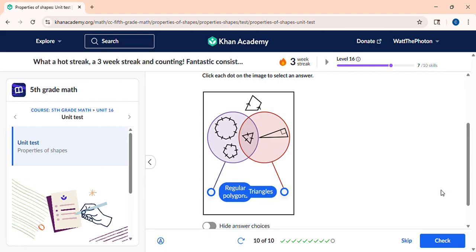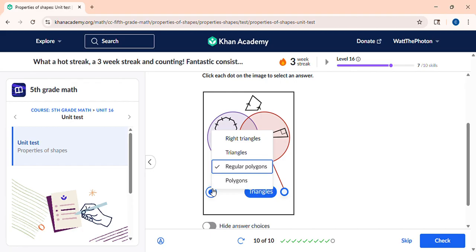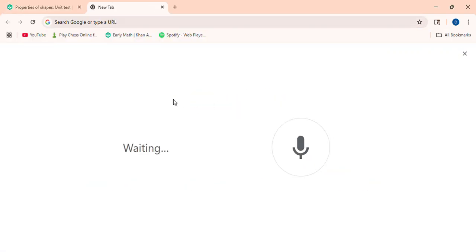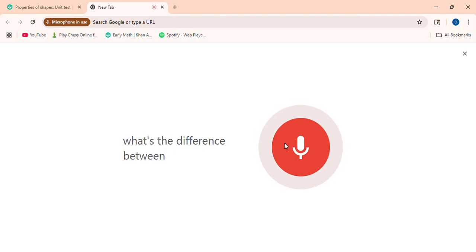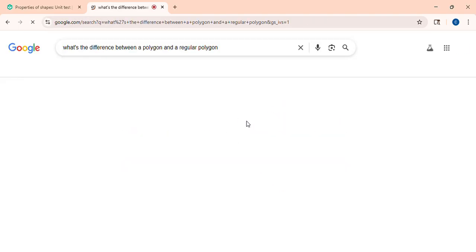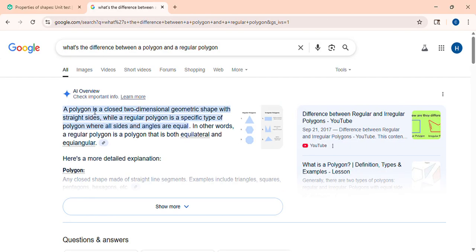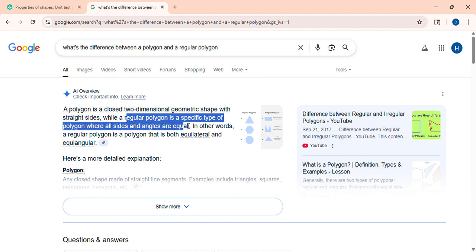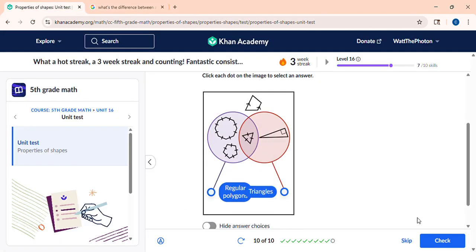Is a triangle not a polygon? What are the other options? Polygons. What's the difference between a polygon and a regular polygon? Oh yeah, it's a regular polygon.